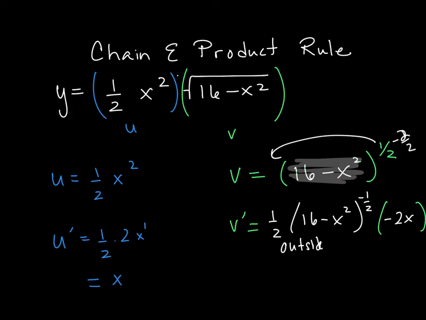So to simplify V prime, it's just going to be the combination of 1/2 times that negative 2, and I am just left with a negative x times 16 minus x squared to the negative 1/2.